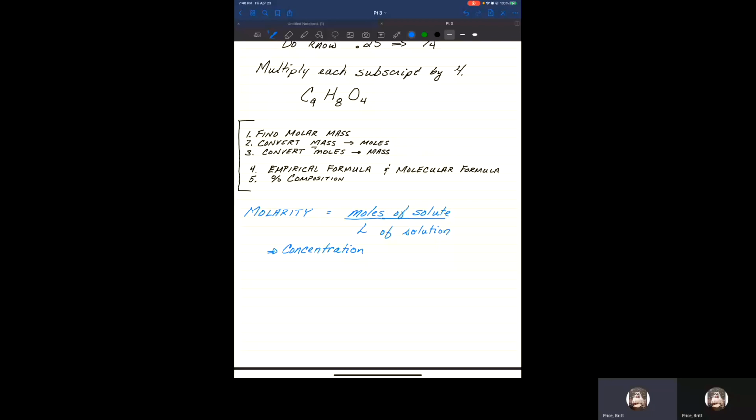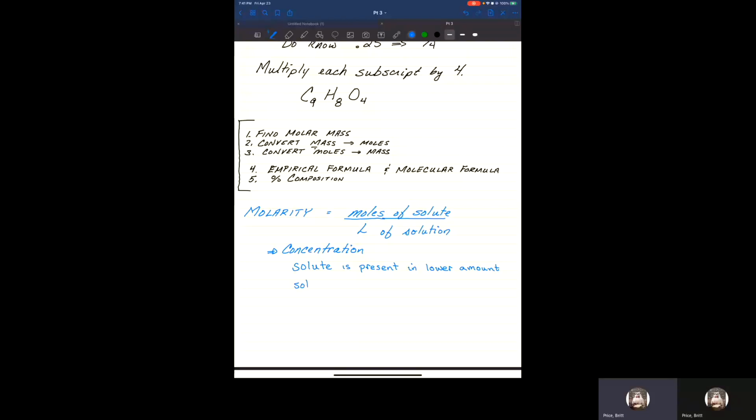So how much solute has been dissolved by the solvent? Concentration. Solute is there in the lower amount.